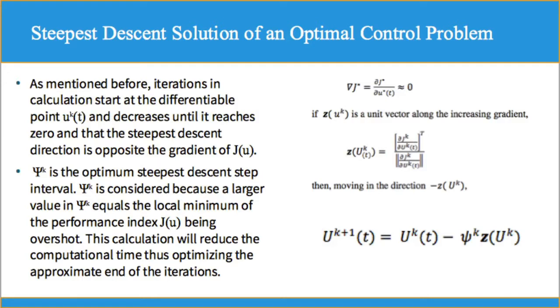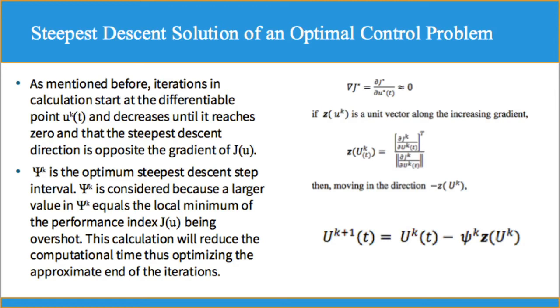Here we have the steepest descent algorithm, which we want to minimize as much to 0 as we can. We're going to use that to create a unit vector in the direction of the gradient. And because we want the opposite direction, we are going to put a minus sign in front of that.